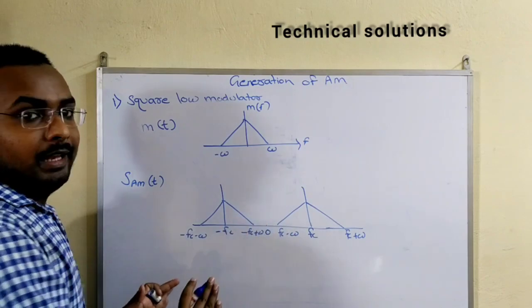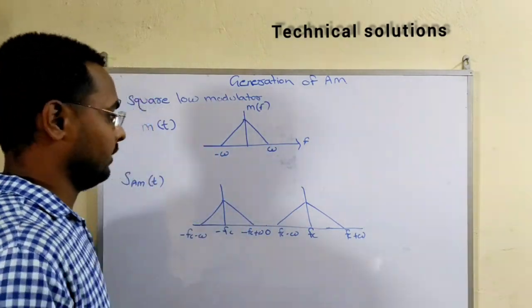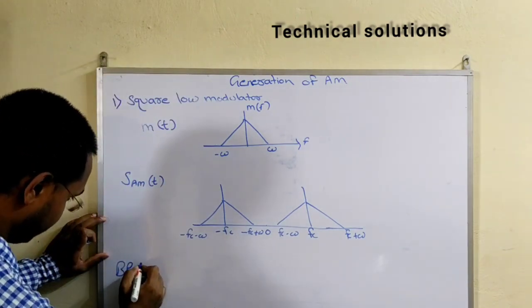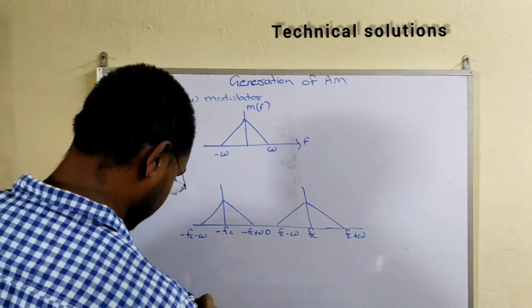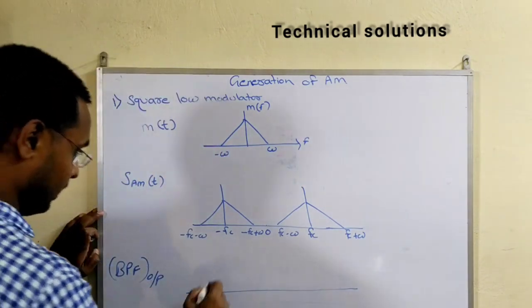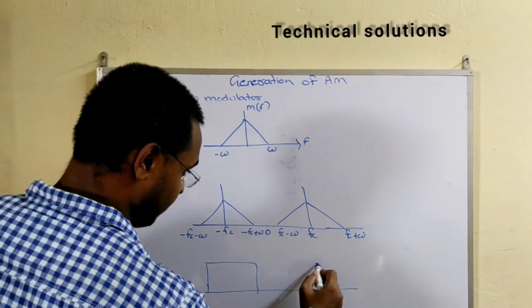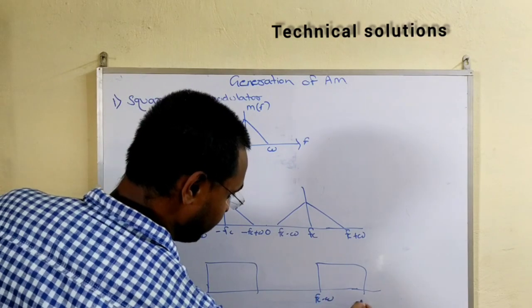After that, we apply a band pass filter, as you saw in the architecture. Band pass filter output is what? Here we apply a band pass filter like this. This is FC minus omega.